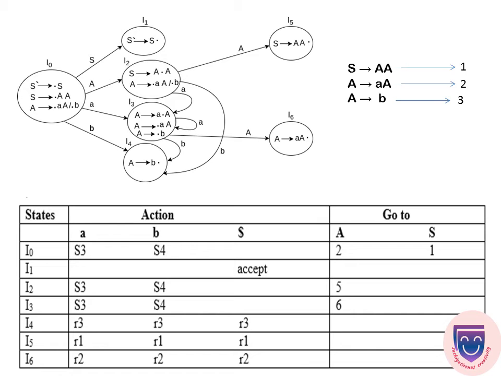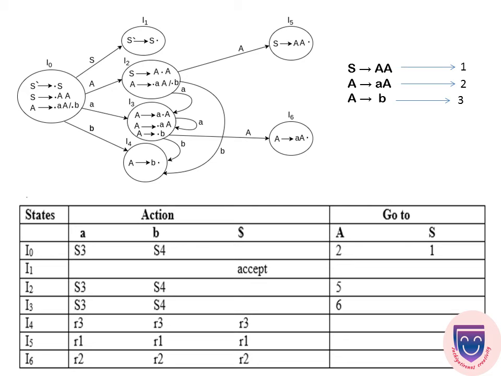If a state is going to some other state on a variable or a non-terminal, then it corresponds to a goto move. Finally, if a state contains the final item in the particular row, then we have to reduce, so we have to write R in the corresponding row completely.